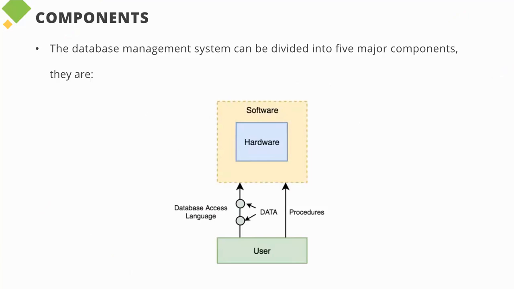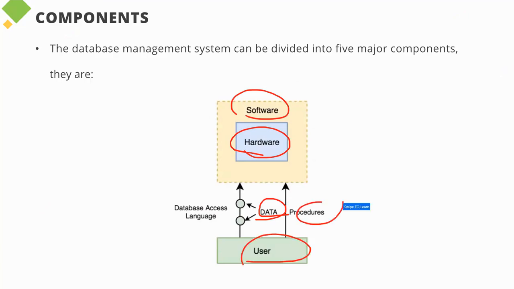Today we'll be seeing about the architecture of the DBMS. The DBMS is divided into five major components: software, hardware, data, users, and procedures. Like I have already told, it's the interface layer between the software or hardware and the user, connected with an API.